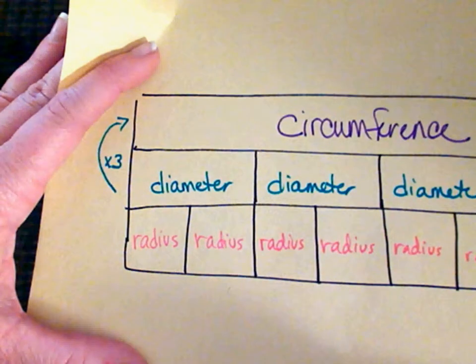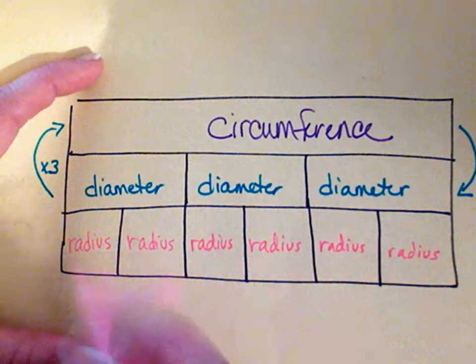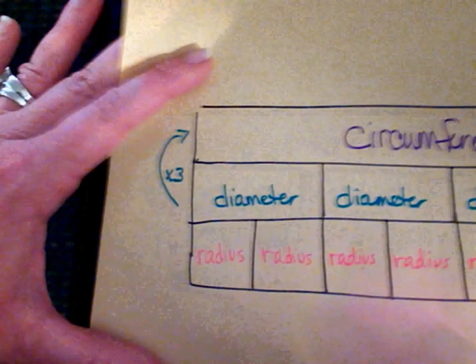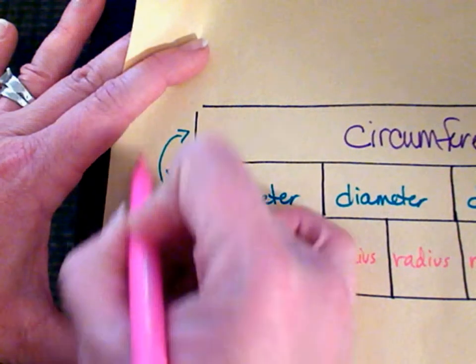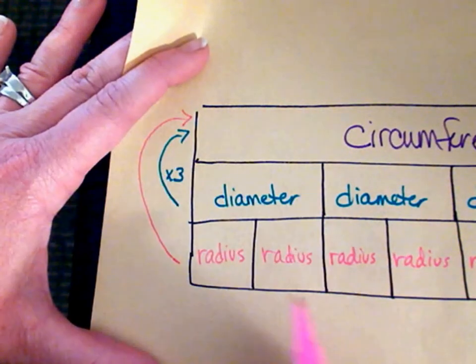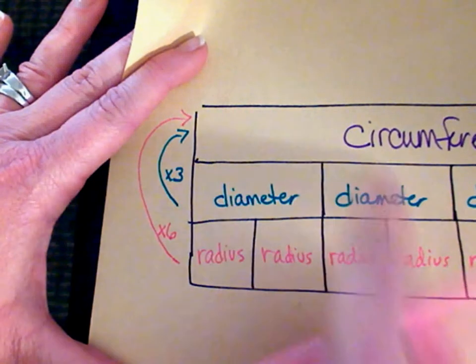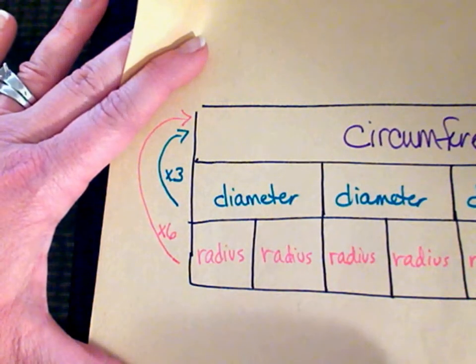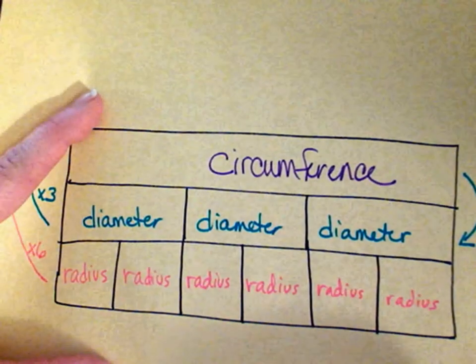Again, why is that important? Well, if I had a question where I had my radius and they asked me for my circumference, I could easily say, okay, I know 6 radius make 1 circumference, so whatever my radius is times 6 will equal my circumference. Okay, so what if I have my circumference, I need to find my radius?